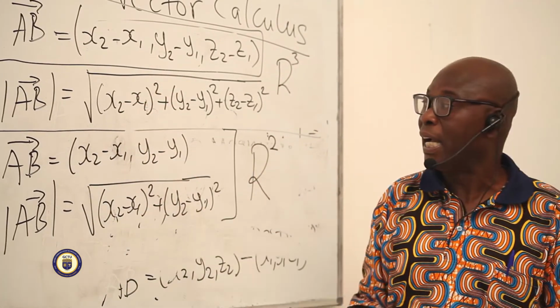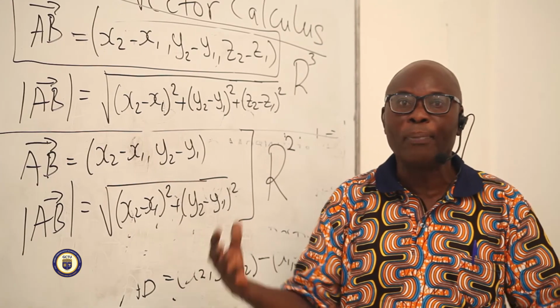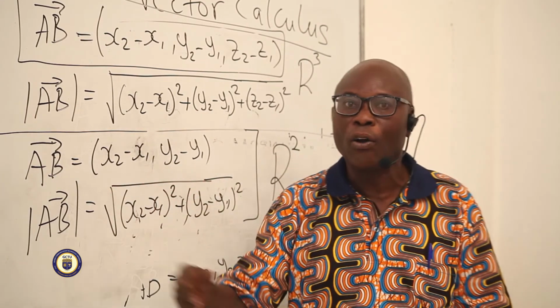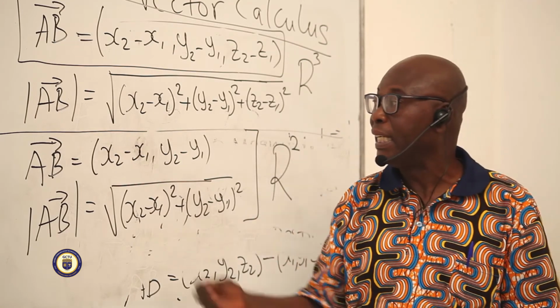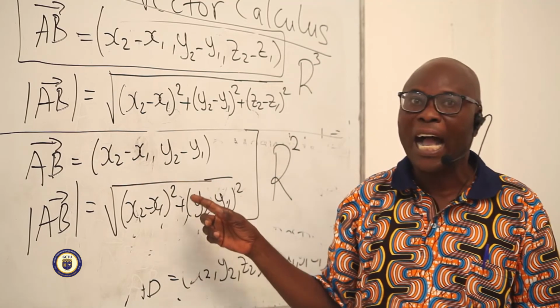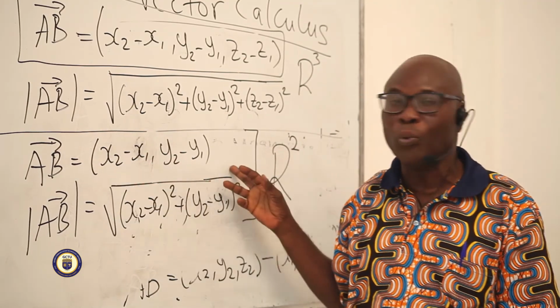However, when our vector is defined on a plane where we're talking of 2 dimensions, that is on the OXY plane, then we'll have vector AB being defined as the final point minus initial point, and that is what we came up to.